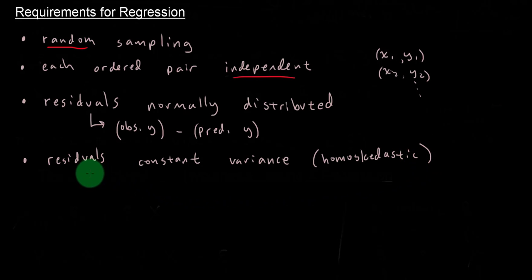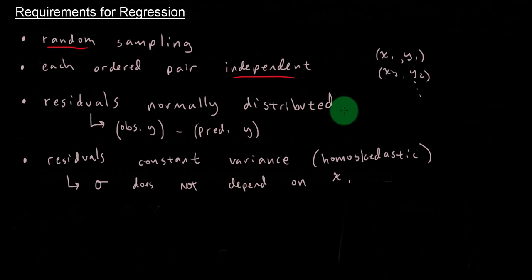And what that is saying is that these residuals have a constant spread, so the standard deviation does not depend on x. I'm going to show you some imagery that will help interpret that.